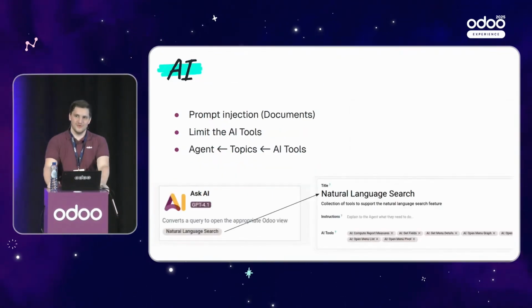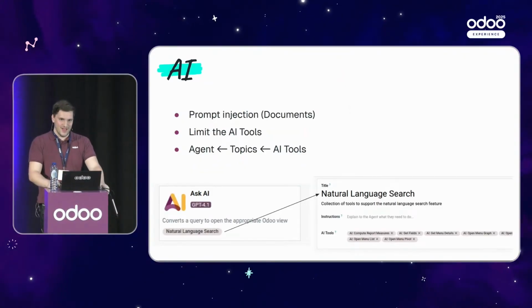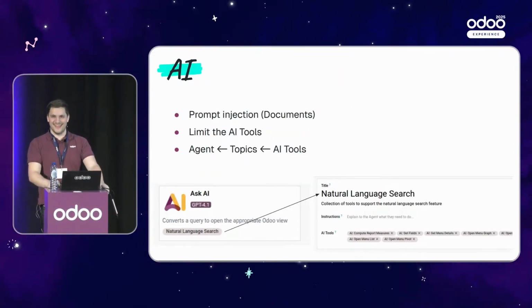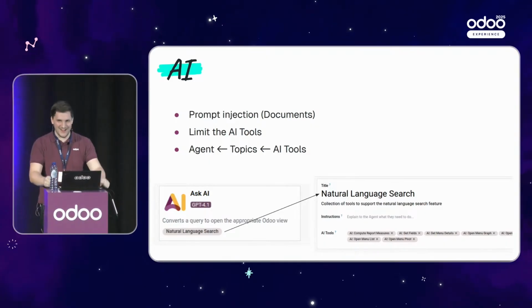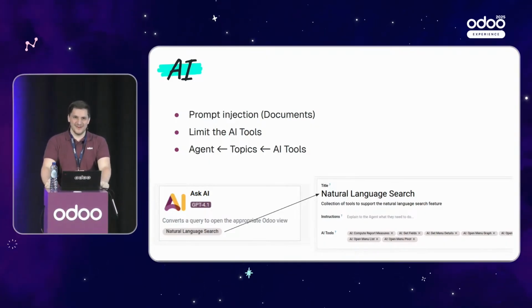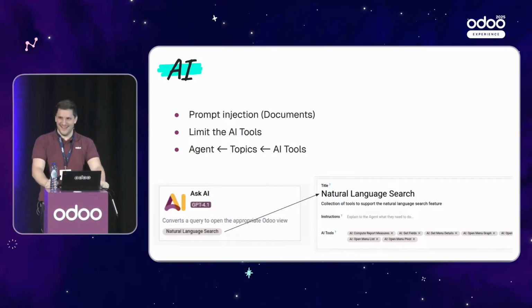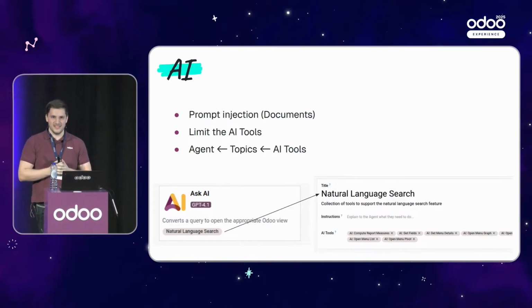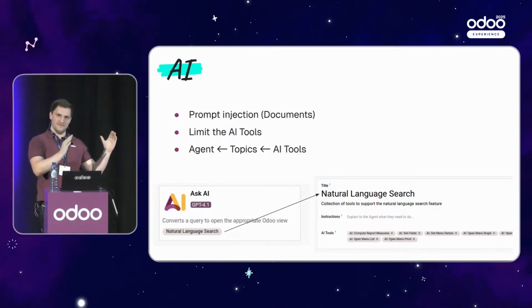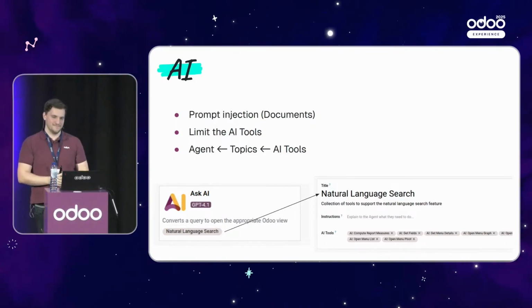Now, because it's Odoo 19, we have implemented AI. And from a security standpoint, this is very nice, because AI is absolutely impossible to secure. All AI is, is a prediction for the next word in a sentence.